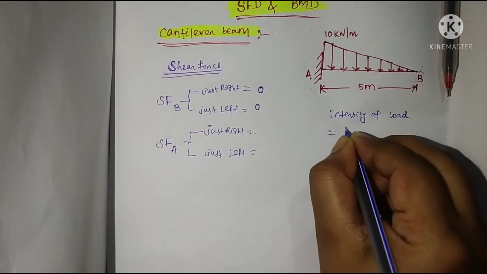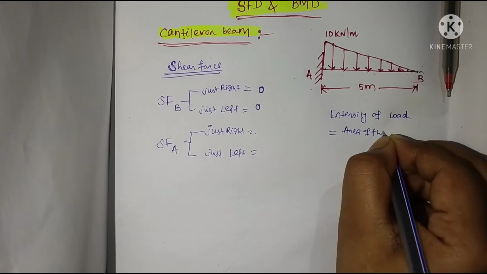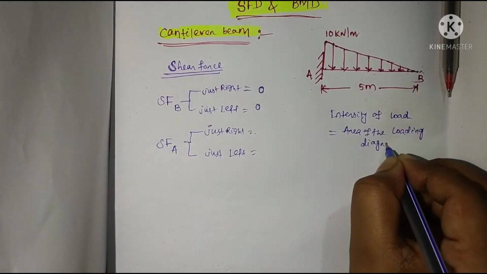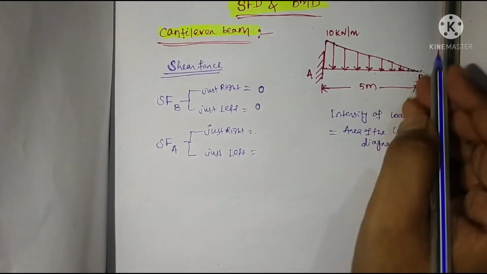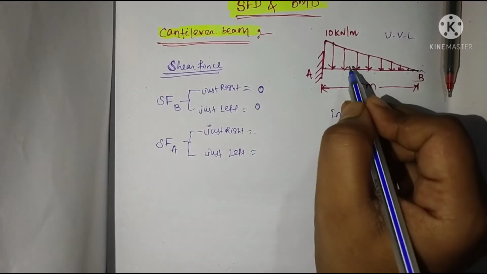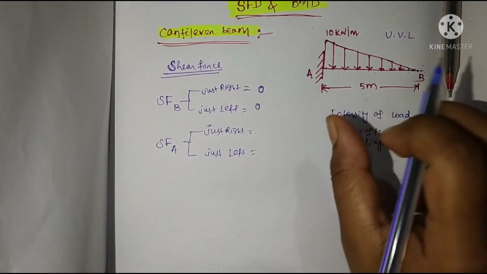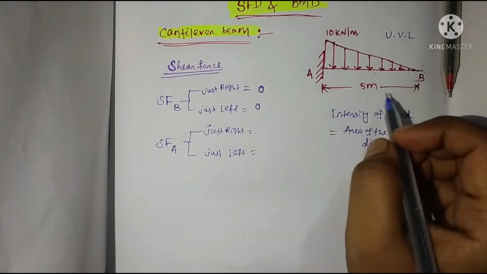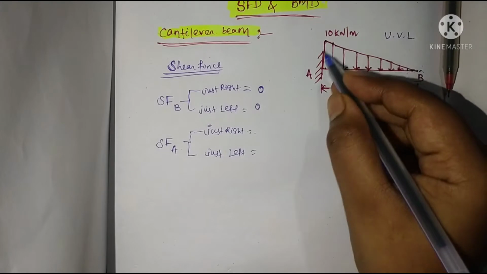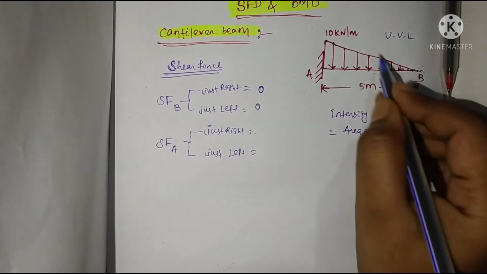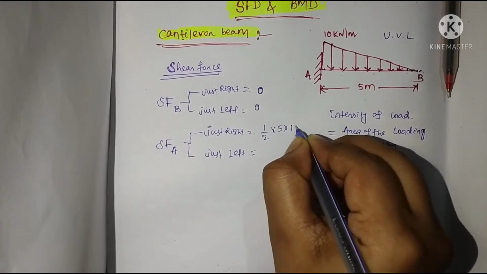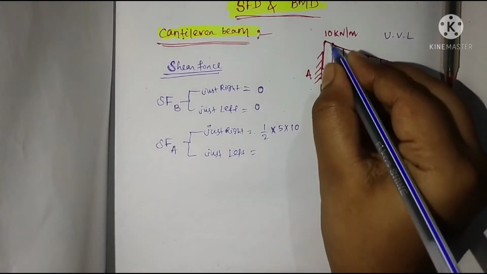Here our uniformly varying load, that is UVL, is acting in a triangular shape, so the area will be half into base into height. So the shear force at point A, just right, will be the area of the loading diagram, that is half into base into height, with base equal to 5 and height equal to 10.